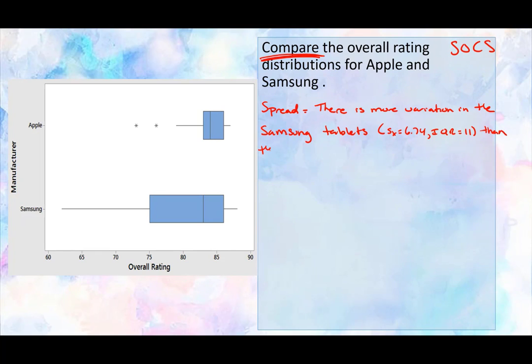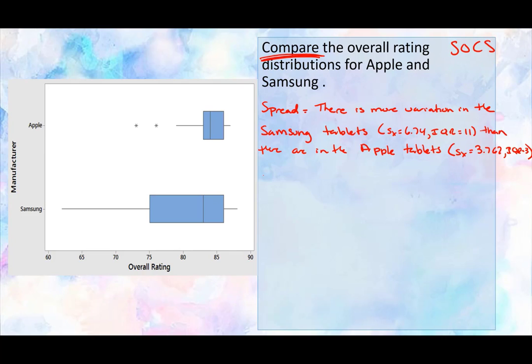Then there are in the Apple tablets, that was 3.762 and an IQR of 3. So if we really wanted to look into this, that means that if the spread is smaller, Apple products tend to have a more consistent rating. And that's what it usually means by spread, is that it's more consistent.